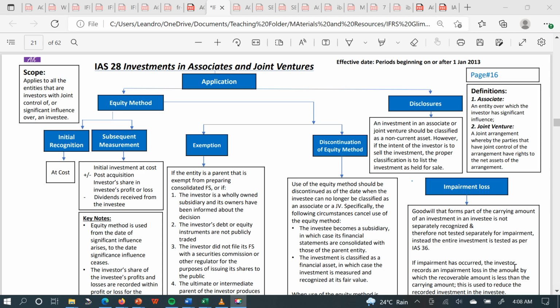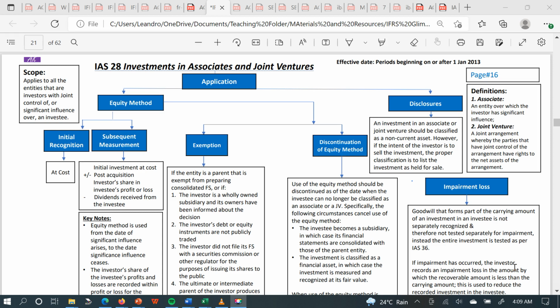When an investor invests and it gives joint control, and the joint control is classified as a joint venture, the investor must apply the provisions of IAS 28 to account for the investment in the joint venture. And so this standard accounts for investment in associates and joint ventures.